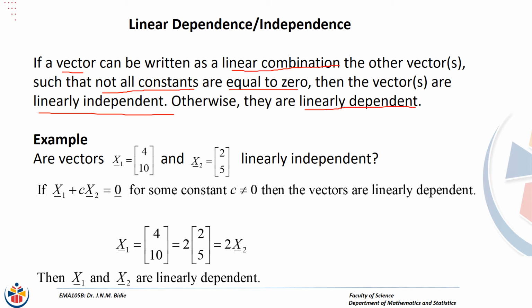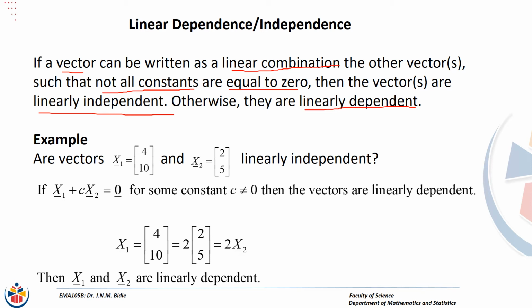As we can see here, (4, 10) is equal to 2 times (5, 2), which means x1 is 2 times x2. In order for you to get x1, you multiply x2 by 2. Or in order for you to get x2, you multiply x1 by half.